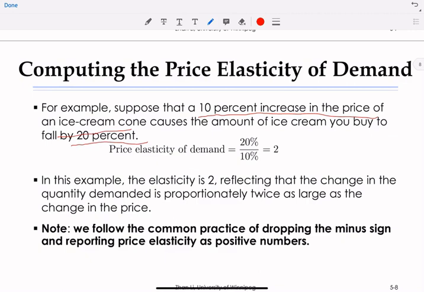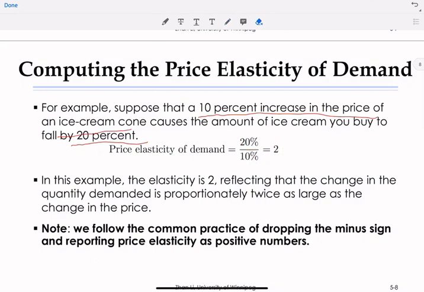So it's the percentage change in quantity, that is 20%, divided by the percentage change in price, that is the 10%. So the price elasticity of demand is 2, right? So it basically means that the change in quantity demanded is actually twice as large as the change in the price in the percentage terms, right?